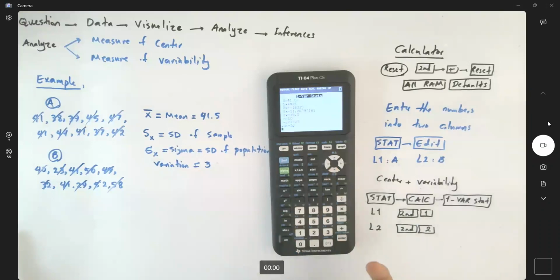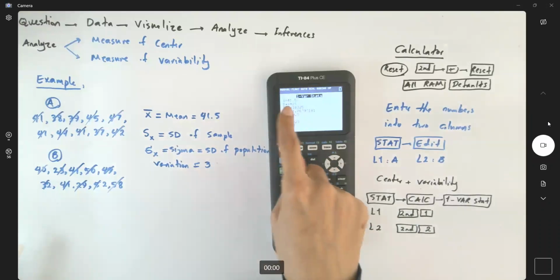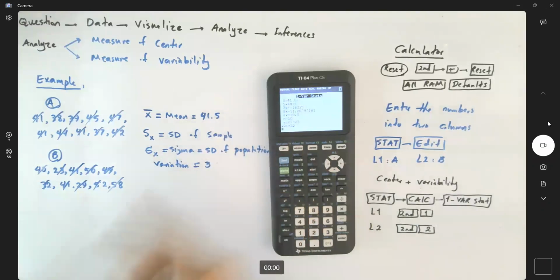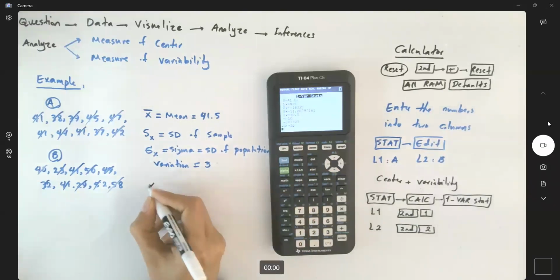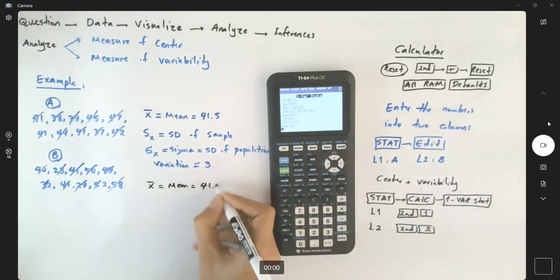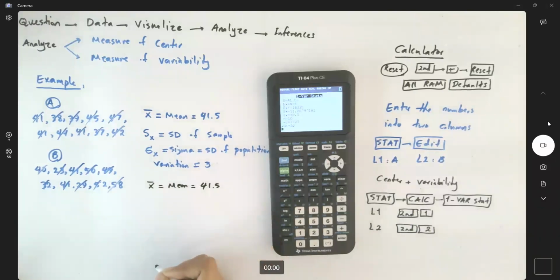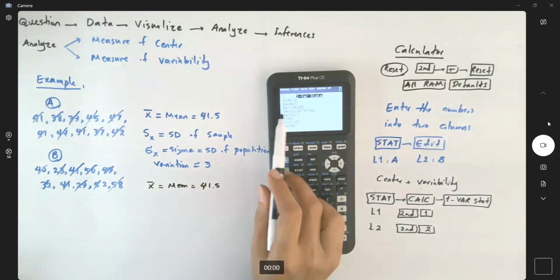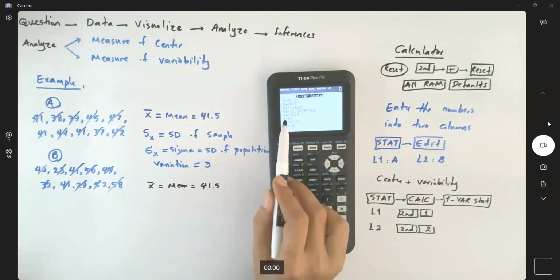What about the second data? The average is the same as the average of the first corporation. Here your X bar, or the mean, is $41.5 thousand. What about the variability? Guys, take a look at the variability. The variability is very high. The variability is about $11,000.